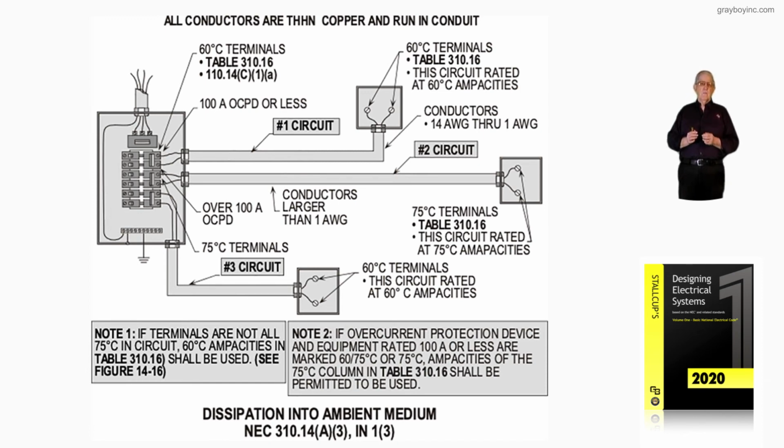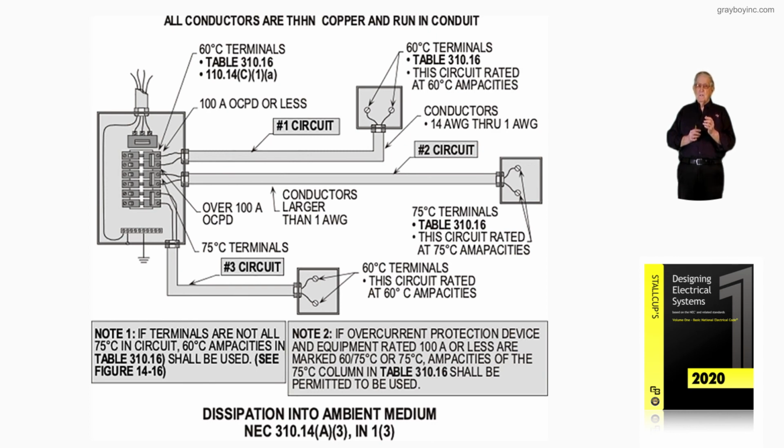Now that circuit would have to be rated at 60 degrees C because the terminals in the equipment and the terminals at the service equipment are not matched up at 75 degrees C or 60/75 degrees C. We have that 60 degrees C terminal at the equipment, which determines the ampacity would be selected from the 60 degrees C column where the overcurrent devices are rated at 100 amps or less in accordance with 110.14(C)(1)(a).